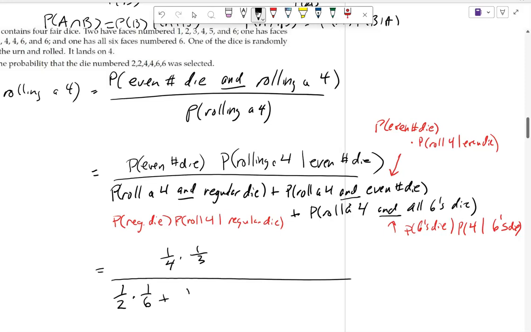Because it's draw the even die and then roll a 4 given the even die. And that's always going to happen, by the way. Whatever's in your numerator will be one of the pieces of your sum in the denominator every time. Finally, the last one, draw the all 6's die is 1/4. What's the probability that you roll a 4 if you drew the all 6's die? 0. Good.